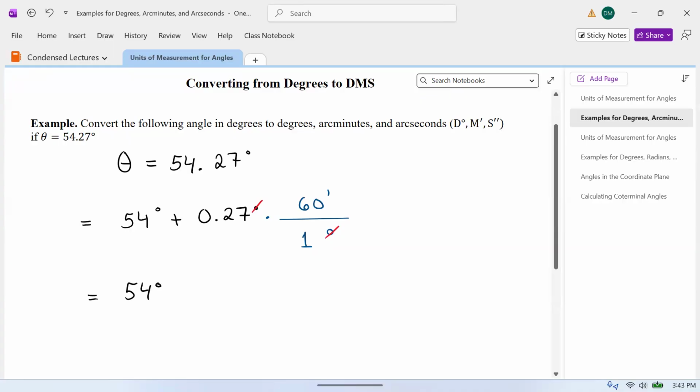So this is 54 degrees plus, when you multiply 0.27 times 60, you get 16.2 arc minutes.